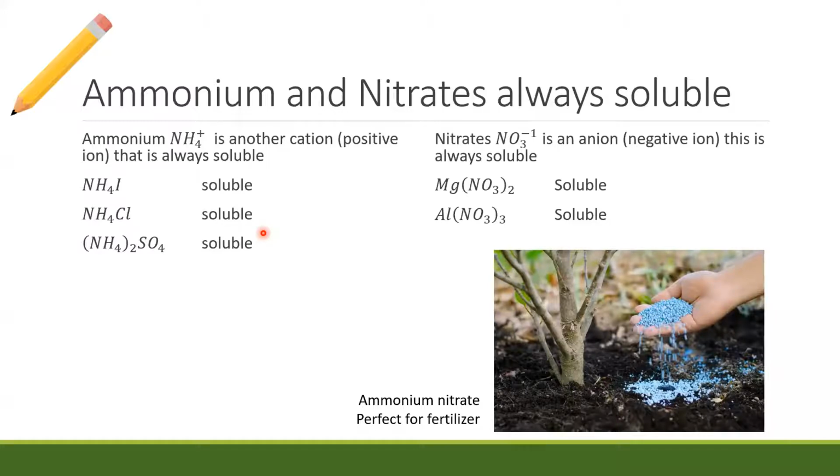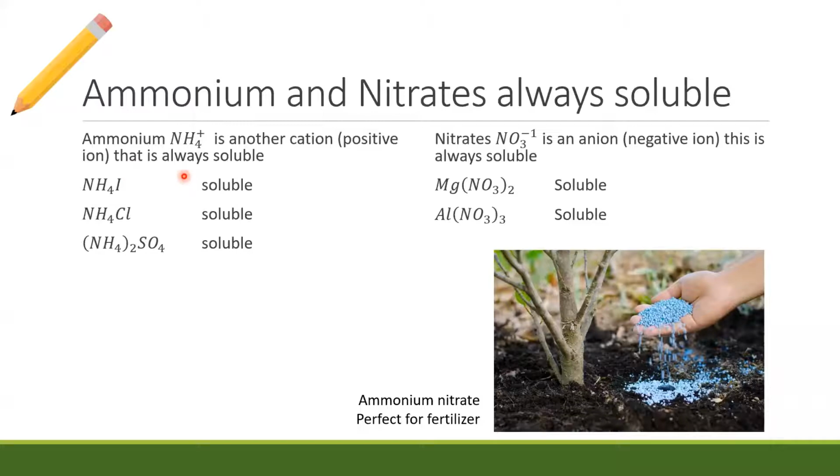But we'll talk about ammonium. It's a really weird player in this game because it's actually a molecule, NH4 plus, but it is another positive ion. Okay, it's another cation. Now, a cation is a positive ion.